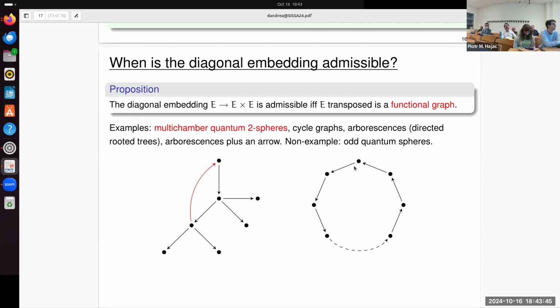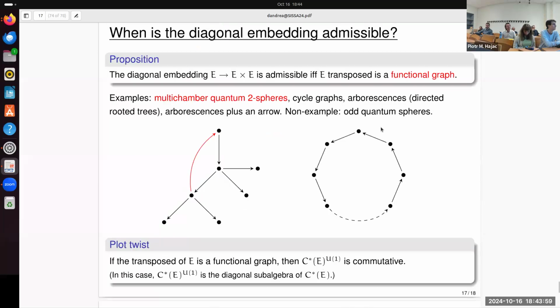And here you say that for these graphs it works. It works for rooted trees, but it also works for something slightly more general, like when you have an arrow going back to the root. The root cycle graphs. You have multi-pullback quantum spheres.